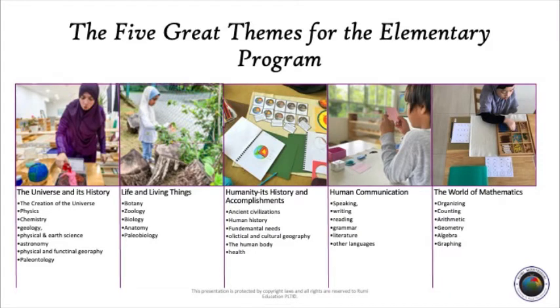This is where we will begin to look at ancient civilizations, human history, fundamental needs, and so on. The fourth great theme is human communication, and this integrates into speaking, writing, reading, grammar, literature, and other languages. And the fifth theme is the world of mathematics, which goes into organizing, counting, arithmetic, geometry, algebra, graphing, and many other areas.